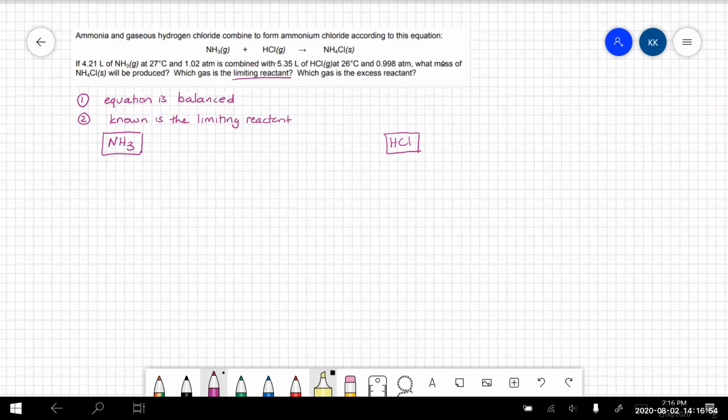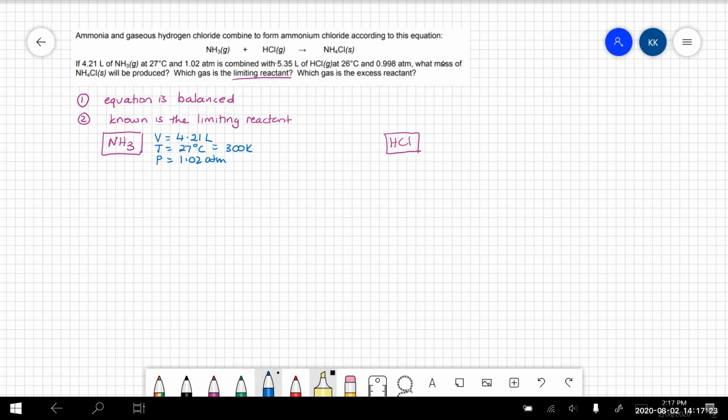Now, what do we know? For ammonia, we know that the volume is 4.21 litres. We know that the temperature is 27 degrees Celsius. Of course, you're not going to use that in a gas laws problem. You're going to convert that to Kelvin. We know that the pressure is 1.02 atmospheres.